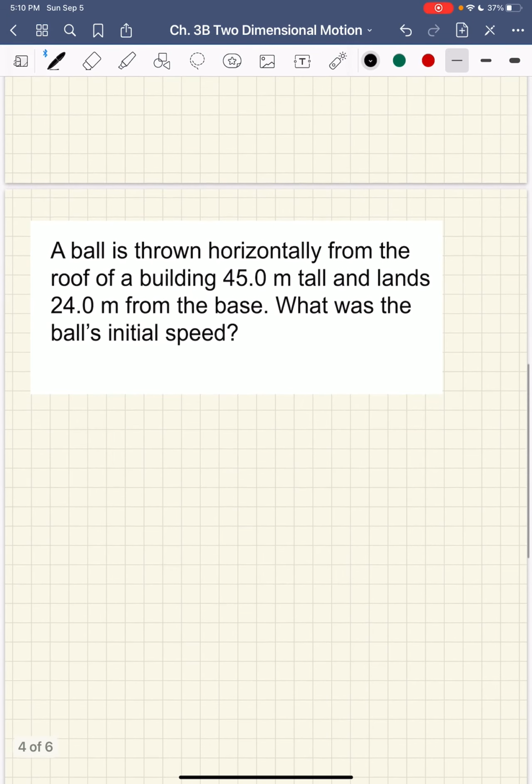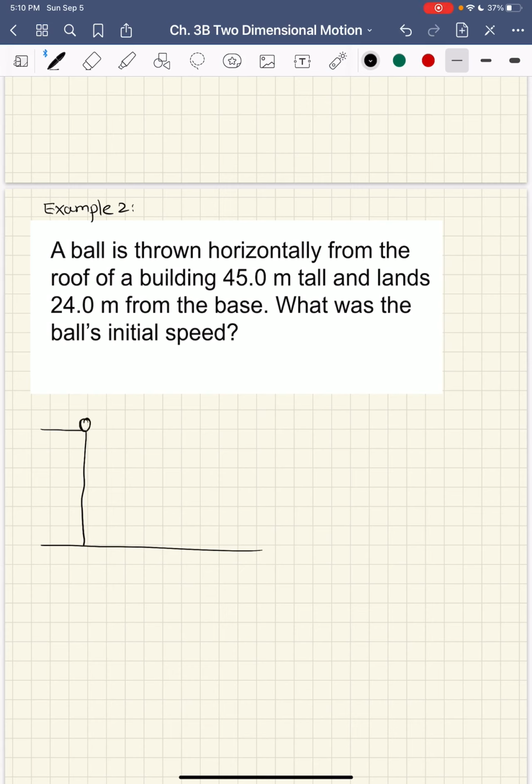This is another one about horizontal firing. I will say this is example 2, where we have a ball again that is thrown horizontally. This is VI, and the building is 45 meters, and it lands 24 meters from the base.